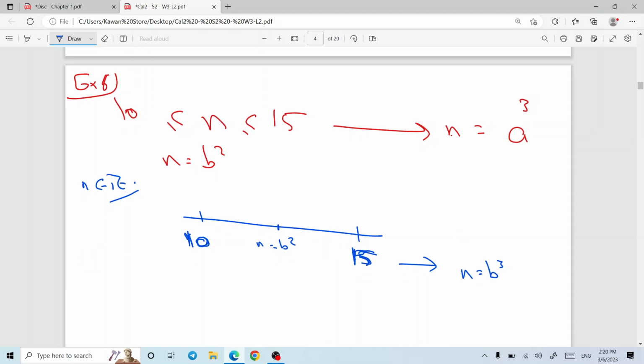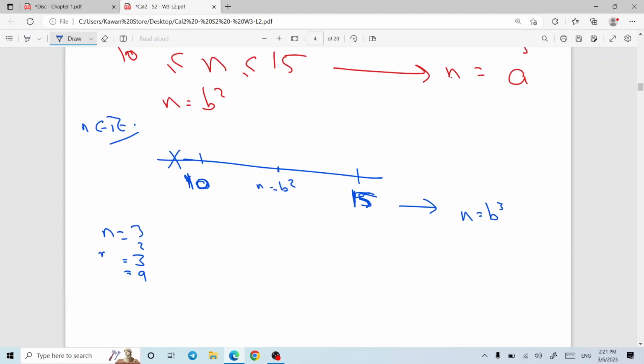3 to the power 2. So if n is equal to 3, 3 to the power 2 is equal to 9. 9 is not inside. Yalla. Give me an integer. There is none. If you say 4, 4 square will be 16, it's outside.